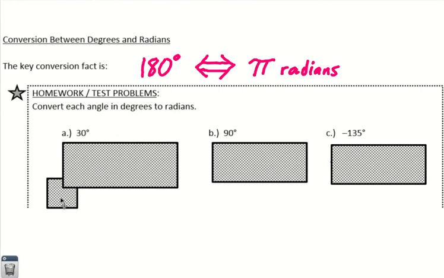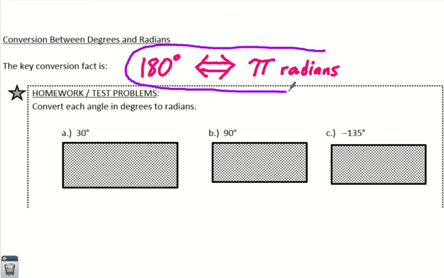Maybe you figured out that it's pi. Now, this is something that you really need to commit to memory. That's a big idea. That is the best way for us to remember how radians and degrees are related to each other: that there are 180 degrees in pi radians, or that they're equal to each other.